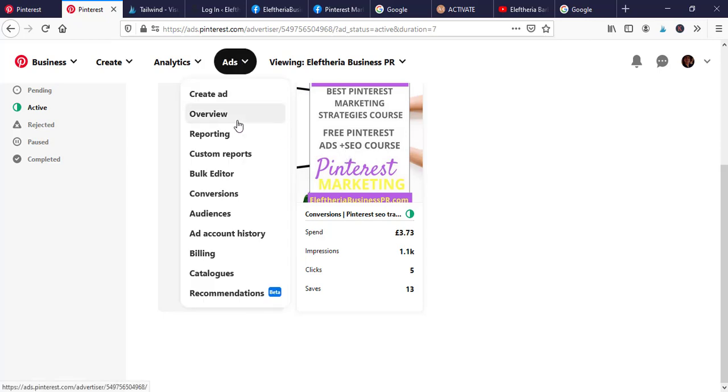So for example, inside Pinterest ads manager, you have a target, a group of people inside the ads, which is over 6,000 different interest categories for you to use to your advantage.